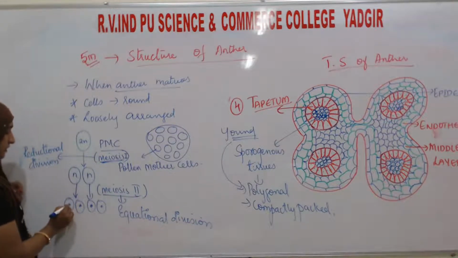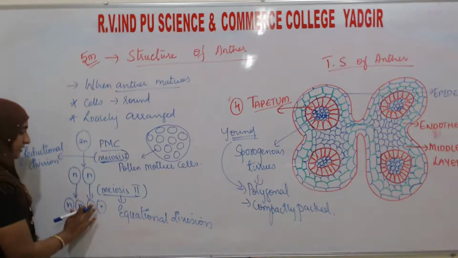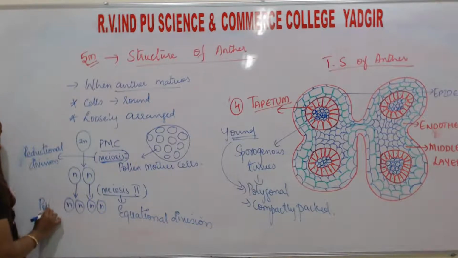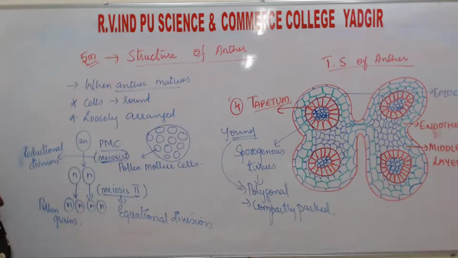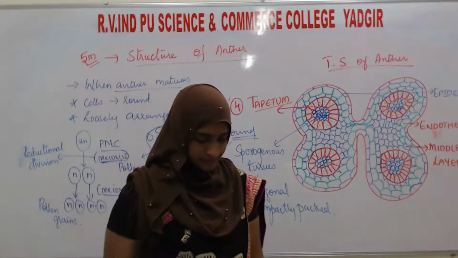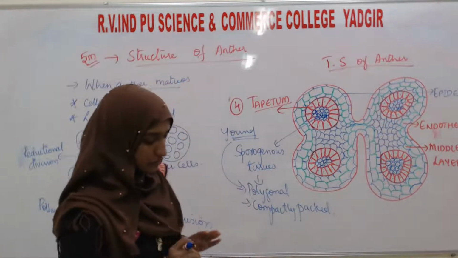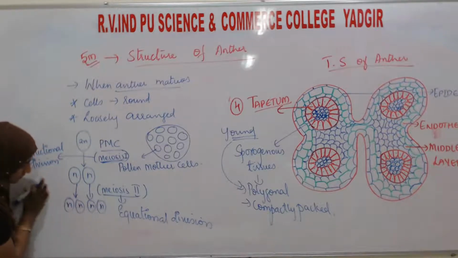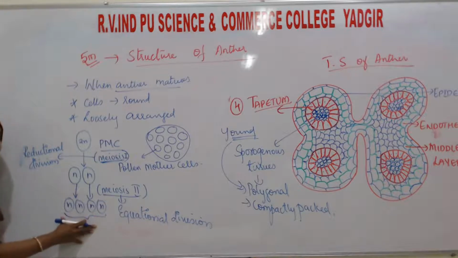So here it will give rise to the 4 haploid cells, and these 4 haploid cells are the pollen grains. See here, they will produce 4 cells, which is known as the haploid spore tetrad, because they are going to form 4 cells.